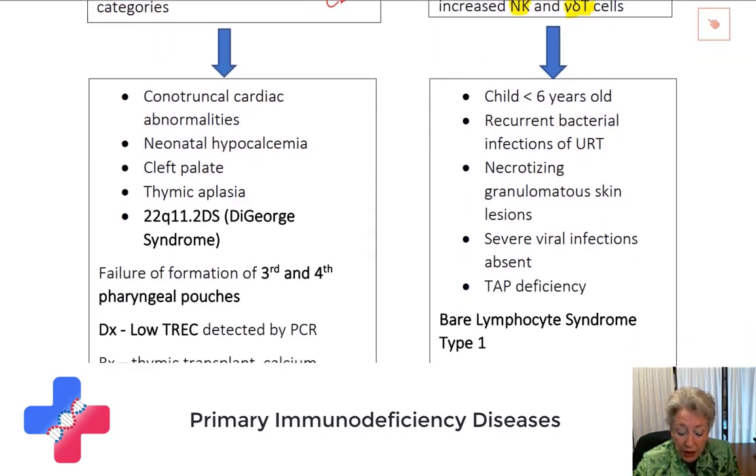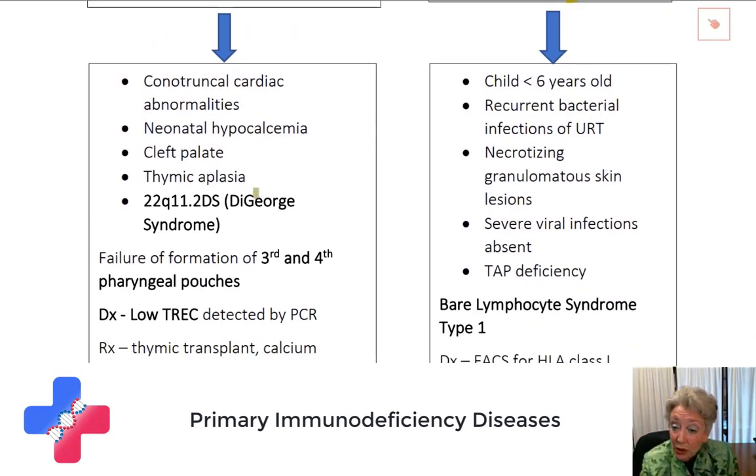Now, as we start here, what used to be called DiGeorge syndrome is now more appropriately called 22q11 deletion syndrome, and that's because it's very descriptive of where the condition is found genetically. It's on chromosome 22 on the long arm, and it's a deletion syndrome and results in a failure of formation of the third and fourth pharyngeal pouches.